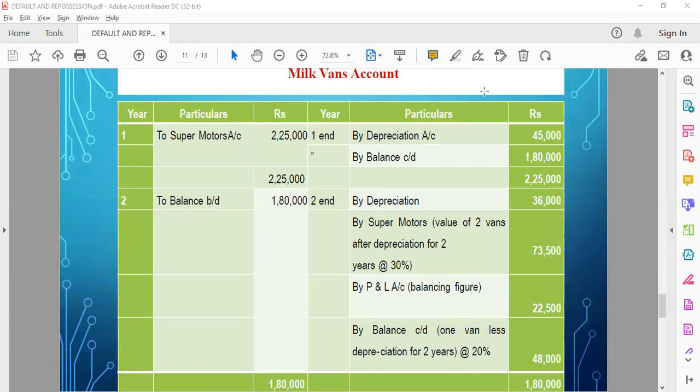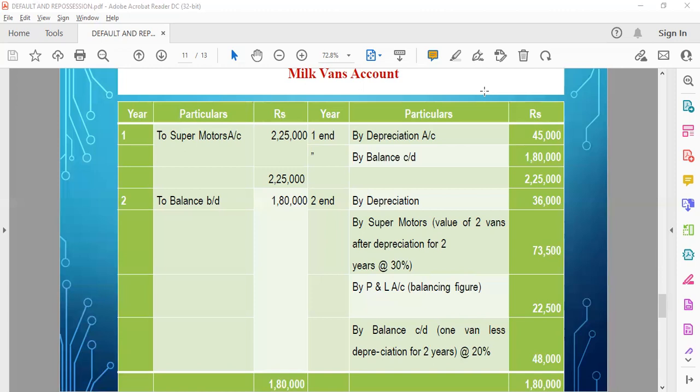Okay. Then we should calculate the value of the two vans the company is going to take, after depreciation for 2 years. The cost of the two motors, how much? 1,50,000, right? One motor cost is 75,000, so 75,000 into 2 gives 1,50,000. For that 1,50,000, you should calculate the depreciation.